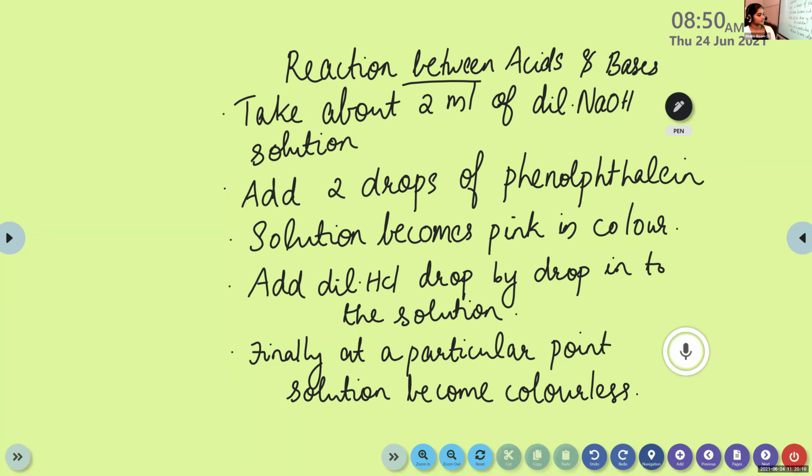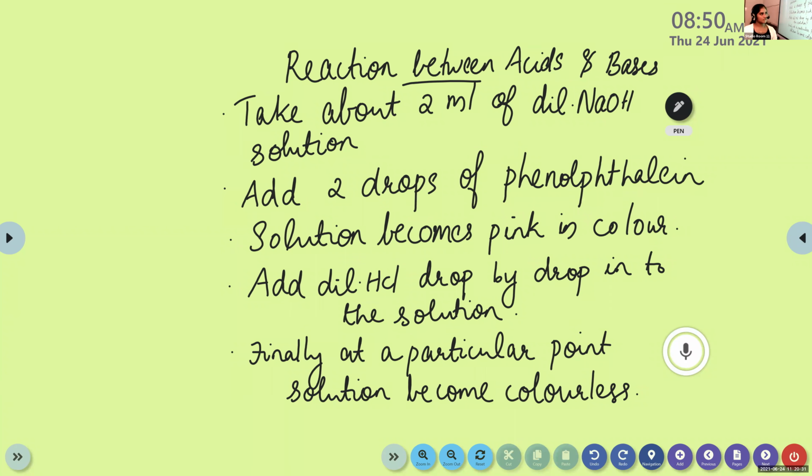This is clear. So as a first step, we take about 2 milliliter of dilute NaOH solution in a test tube. This dilute NaOH solution is an example for a base. Then we add 2 drops of phenolphthalein solution. Phenolphthalein is an example for an indicator.